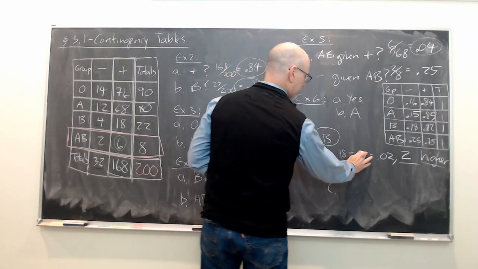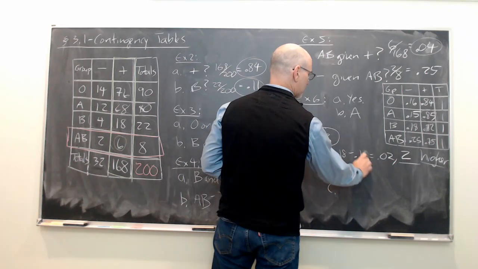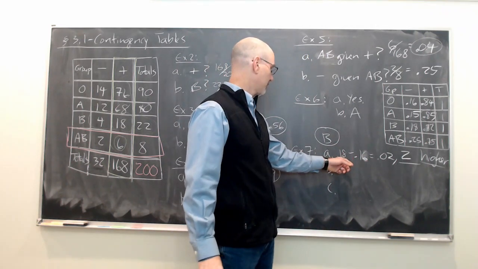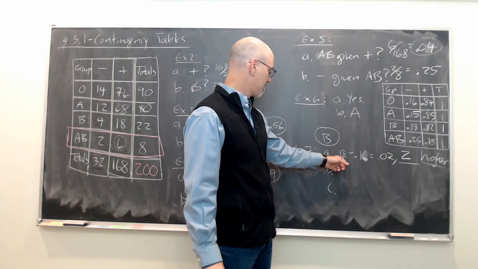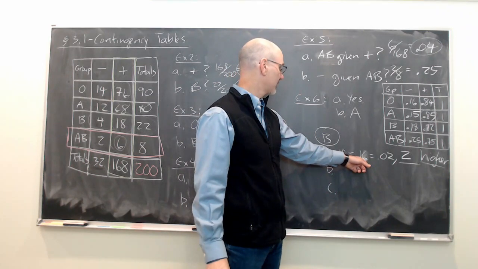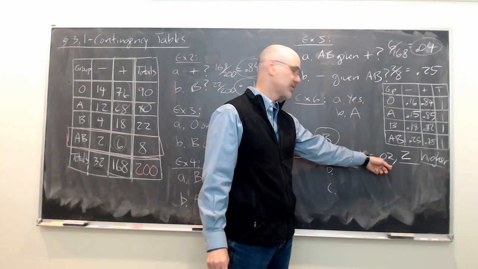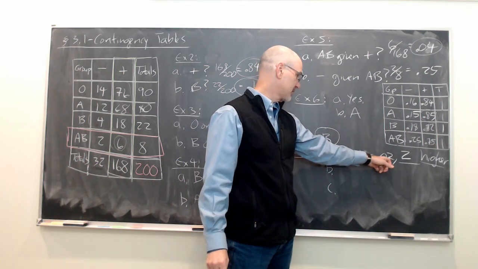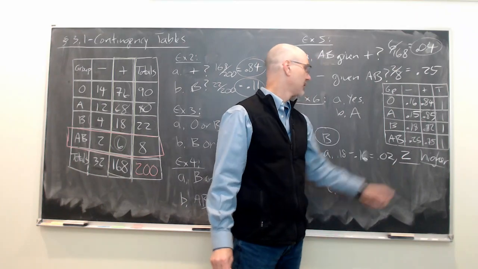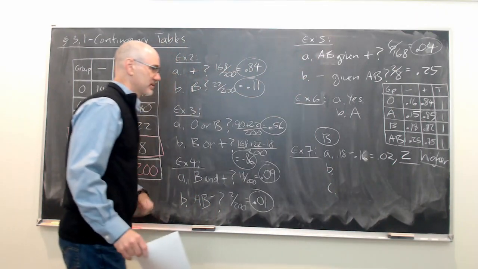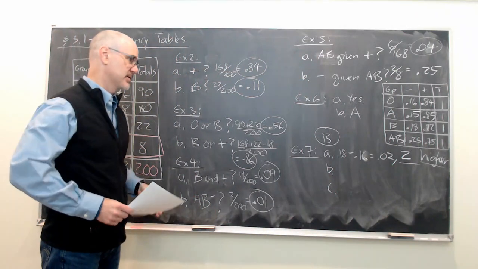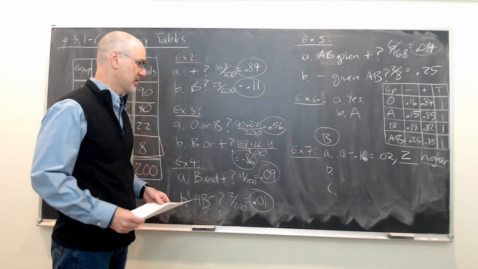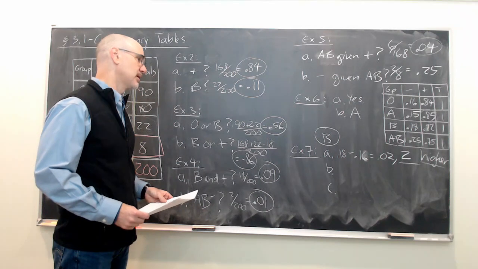Sorry, hopefully I said it right; I wrote 12. So we're taking the proportion of B that are negative minus the proportion of O that are negative. That's a difference of 0.02 or 2%. Got to be careful though, we don't say 2% here, we say 2 percentage points. Because saying that something is 2% higher has a different meaning. So when we're comparing proportions, we're going to be careful to say percentage points higher or lower.